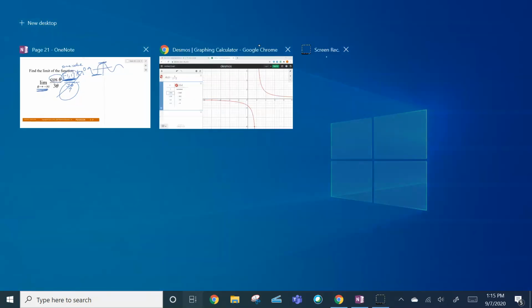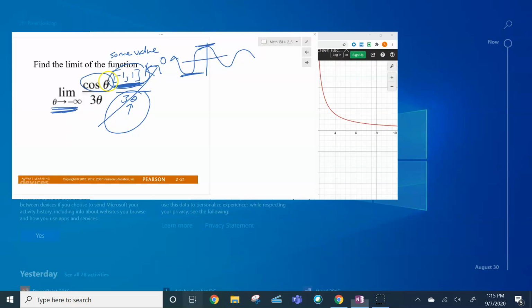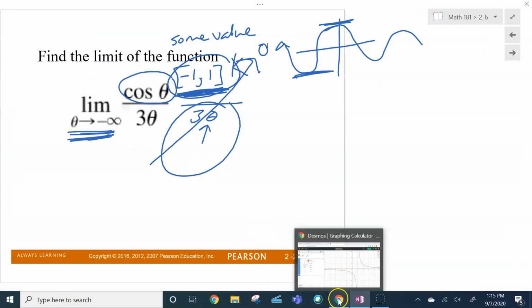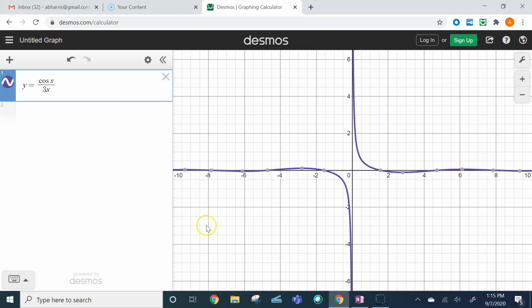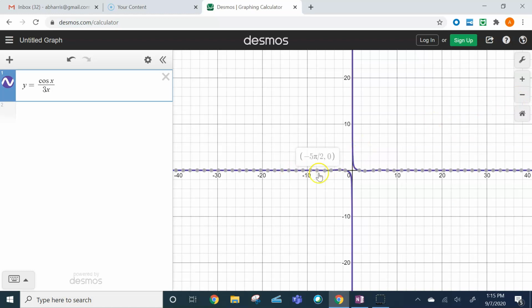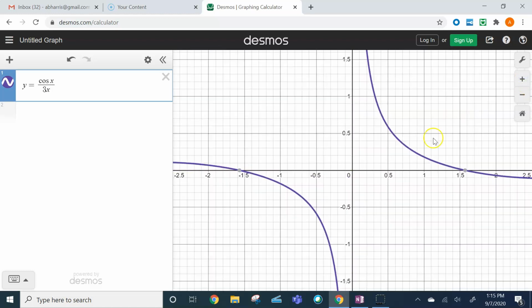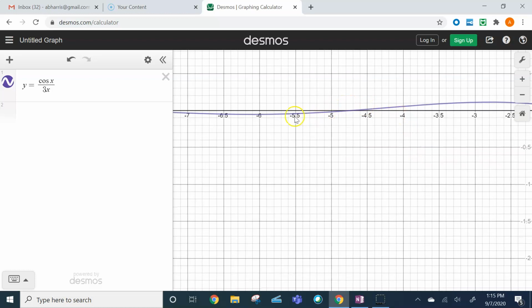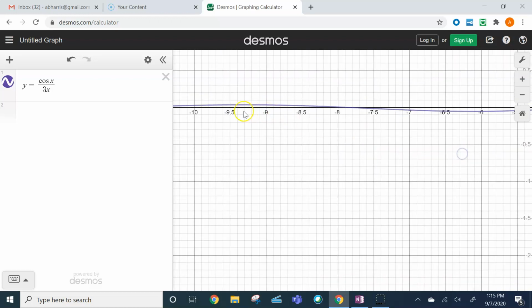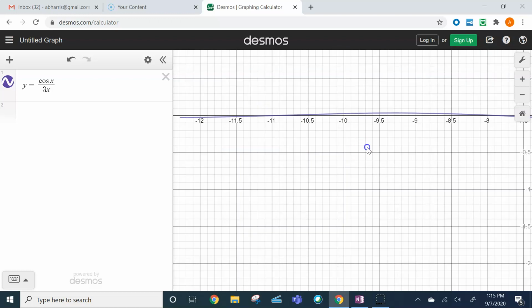Let me give you a picture: cosine of theta over 3 theta, y equals cosine of x divided by 3x. As I zoom out, if you notice, as I go down it pops up, and then it's just going to get closer, even though it comes back and forth a little bit. The further out I get, the closer this distance is to 0.